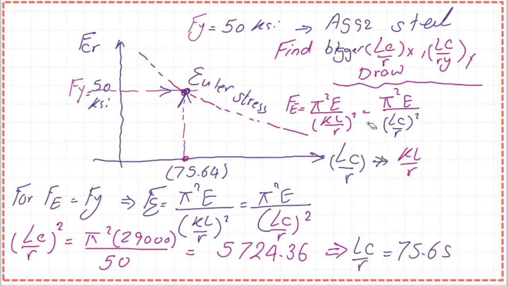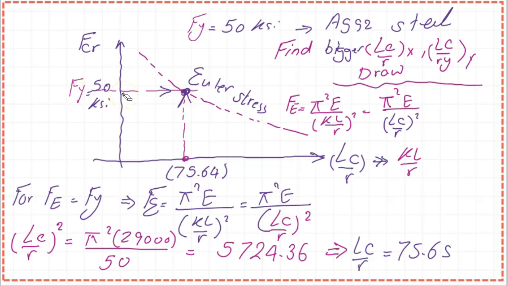In order to check whether the column would theoretically buckle prior to yielding or not, in the Y direction, we will get the critical stress in ksi, and this is the Euler stress. For the yield stress for the given A992 steel, we have Fy equal to 50 ksi.